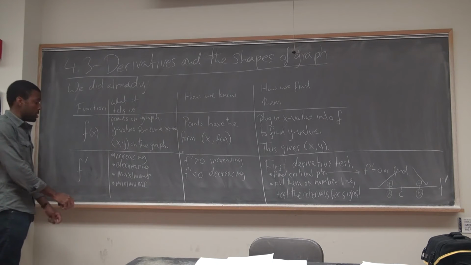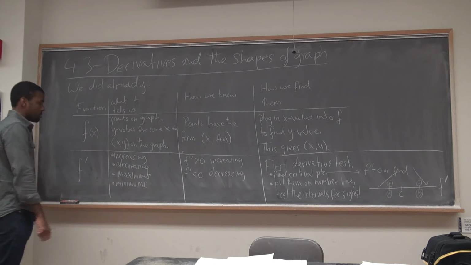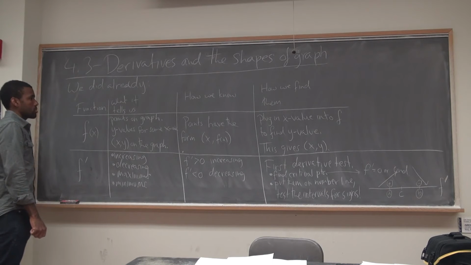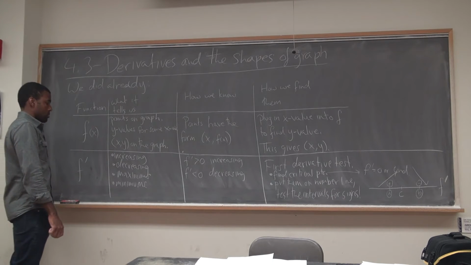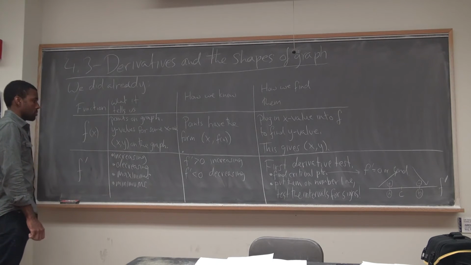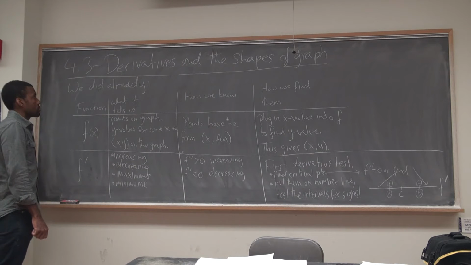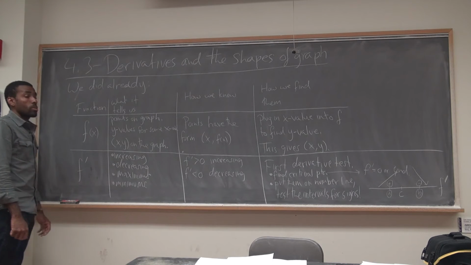Cover that down again. You know what you guys are doing. The shape of the graph for f of x would be linear, right?